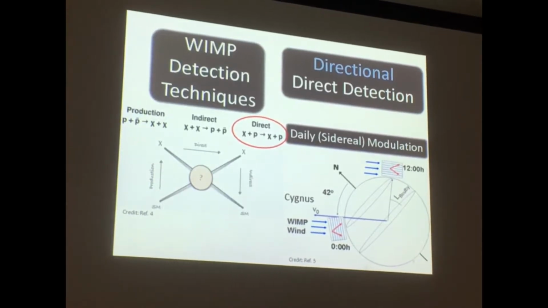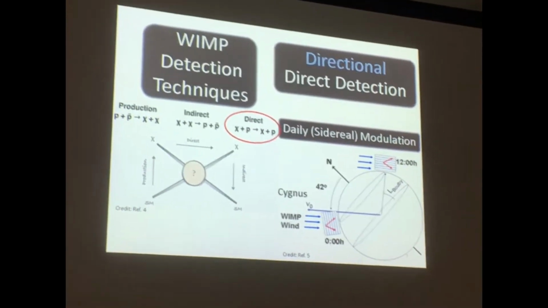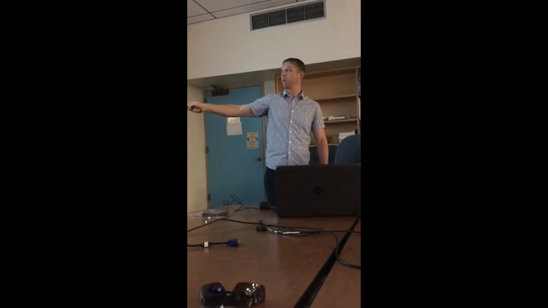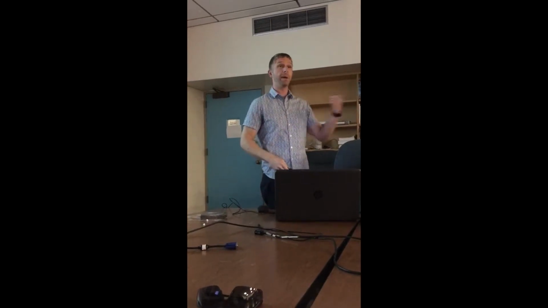For this, you have a dark matter particle enter your detector and interact with some ordinary, standard model particle, and the dark matter recoils away, and the standard model particle recoils through your detector and deposits some energy in your detector, and it's that deposited energy that you observe.